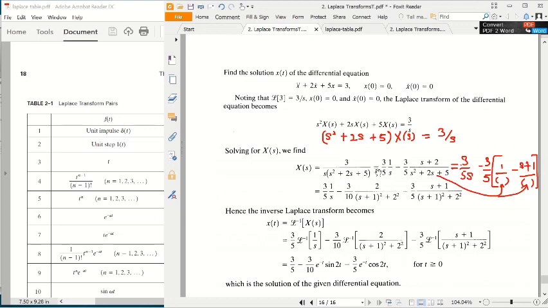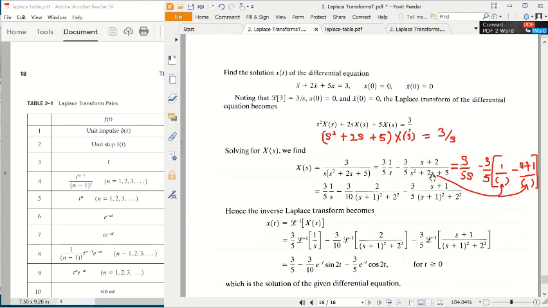For the first part, you follow the normal way to calculate. You're supposed to get 3 divided by 5, times 1 over s. The second part, the quadratic part here, if you solve using the approach of partial fraction, you're supposed to get something like this. As usual, you're going to separate this into two components because we expect to have sine and cosine.